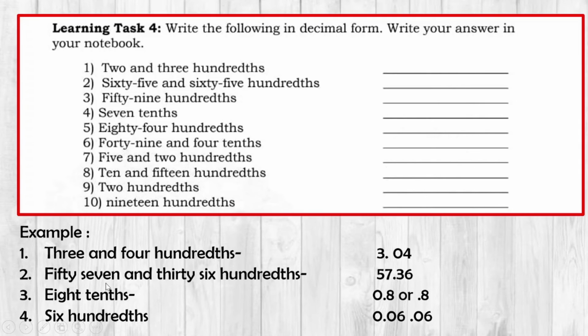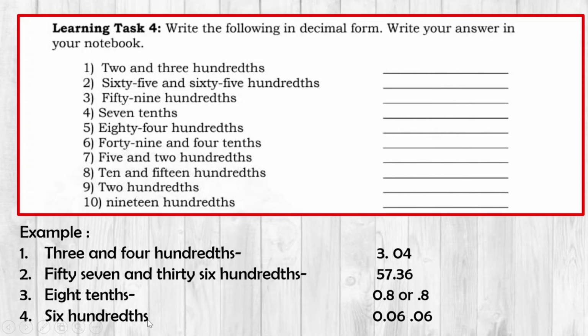Next, 57 and 36 hundredths. Ayan. So, 57, yung whole number natin, and yung decimal natin, 36 hundredths. Next, number 3. 8 tenths. Paano yung 8 tenths? Ganito lang siya, 0.8. The next, 4. 6 hundredths.